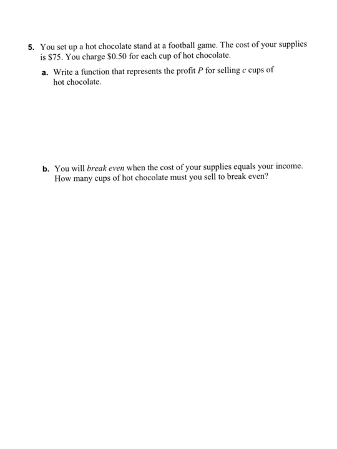So we know we're only going to be making money back when we sell 0.5C, that 50 cents per cup. But we do have a negative charge of 75. You could also write this as P equals half C minus 75. So that's how we would write the function.